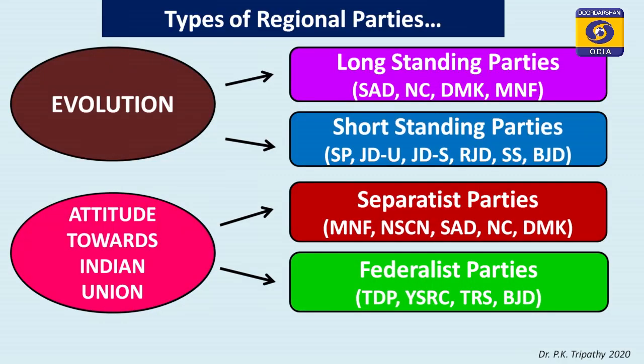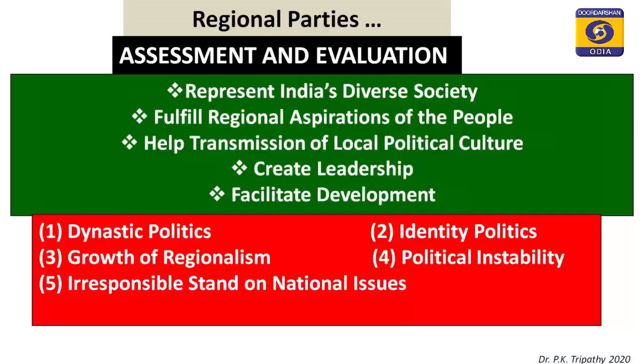On the basis of evolution, you can find long standing parties like DMK, National Conference, and short standing parties like Biju Janata Dal, Samajwadi Party. Then, by attitude towards the Indian Union, you can find separatist parties like Mizo National Front, Shiromani Akali Dal, and federalist parties like the Telugu Desam Party or even BJD.